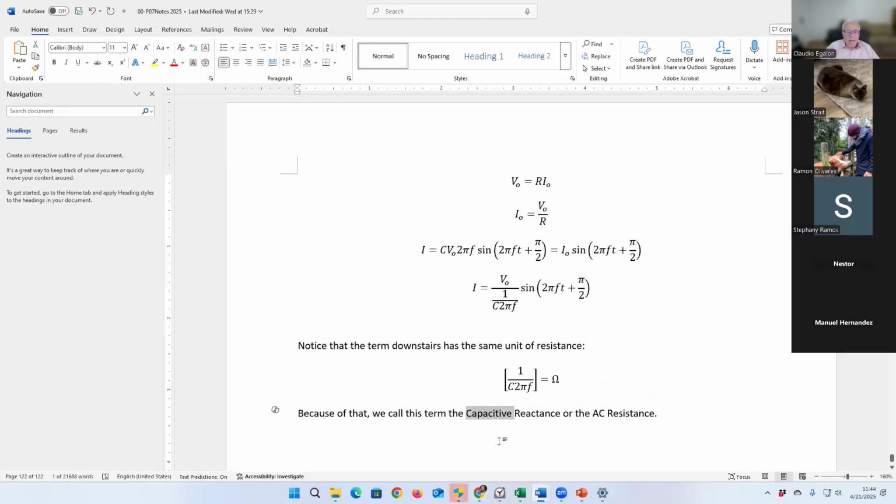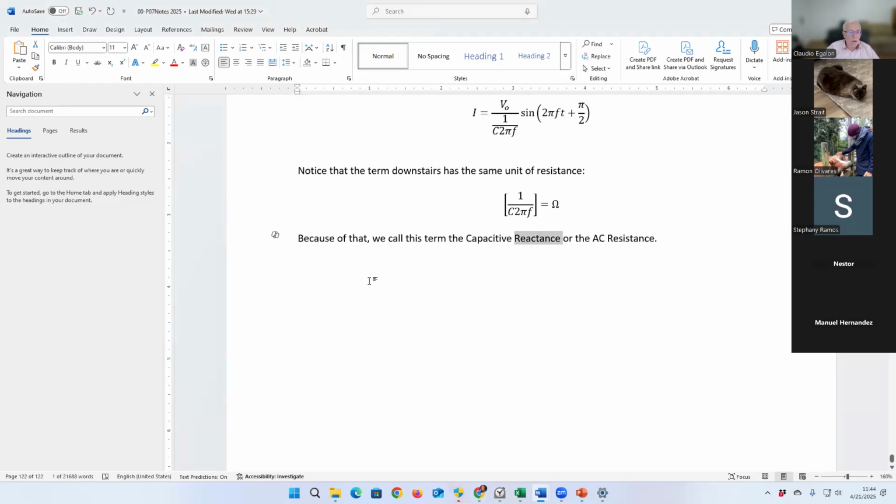Capacitive from the fact that we have a capacitor here. Reactance is the term that we use for the resistance. Most books use the following symbol for this capacitive reactance: the letter chi with the subscript.